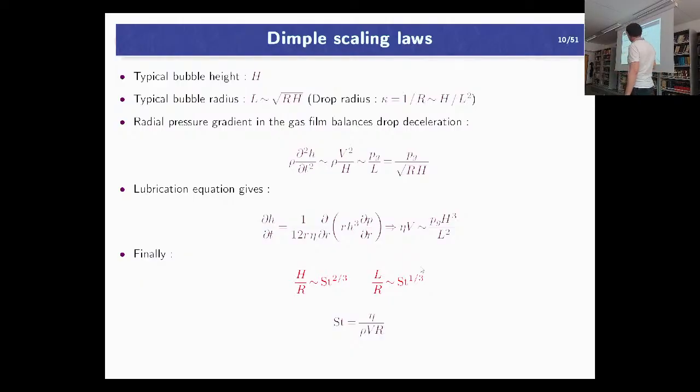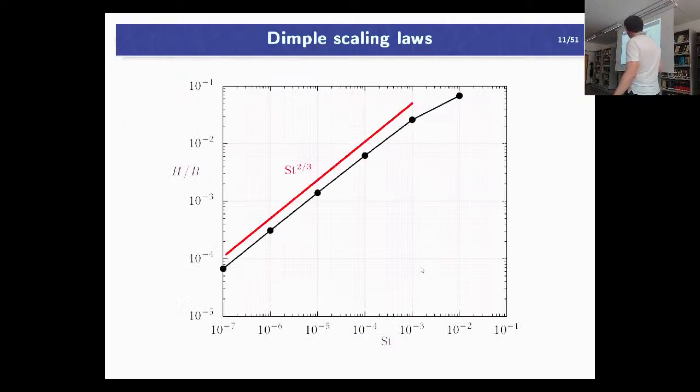I recall the expression of the Stokes number here. It's quite easy to check that this is true. By varying the Stokes number over many decades, we find that the height follows this scaling, and I did the same for the radius, and it works. So we have a scaling, with the numerical prefactor, of the entrapped bubble between the drop and the solid.